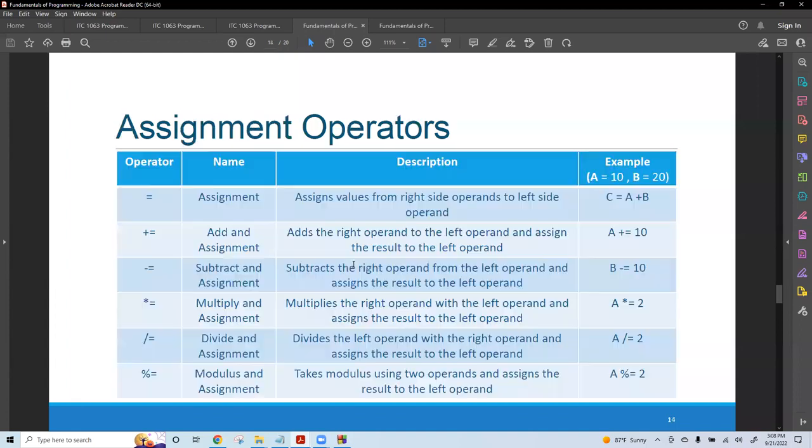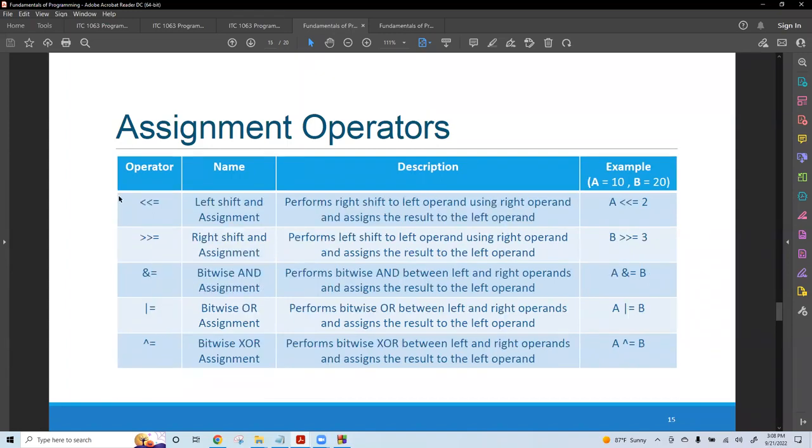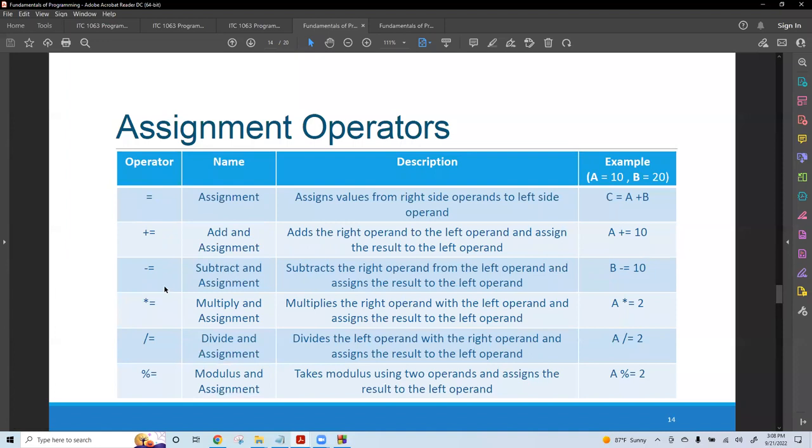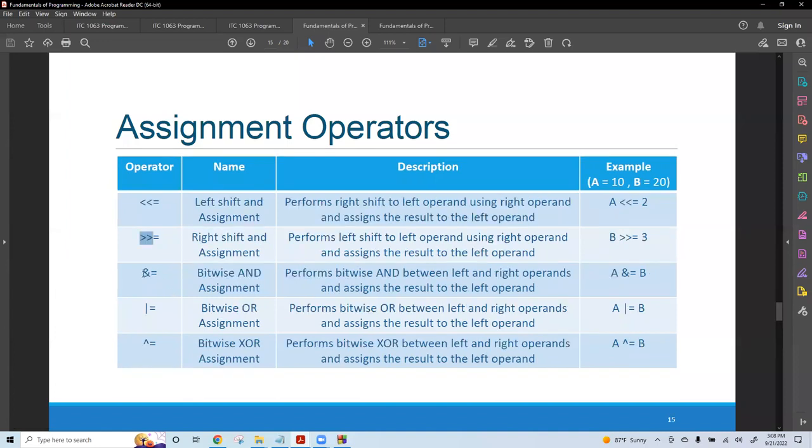Remember that. With the assignment operator, we can use other arithmetic operations or bitwise operations.